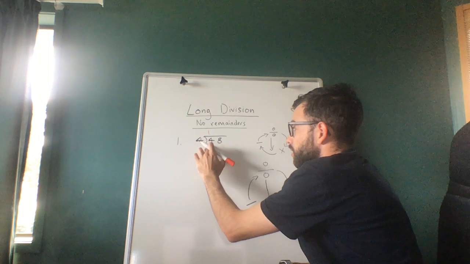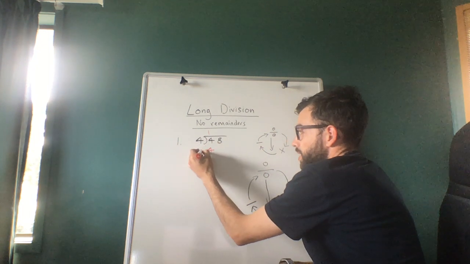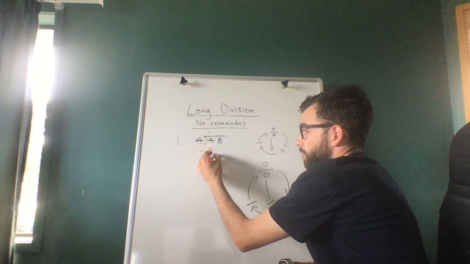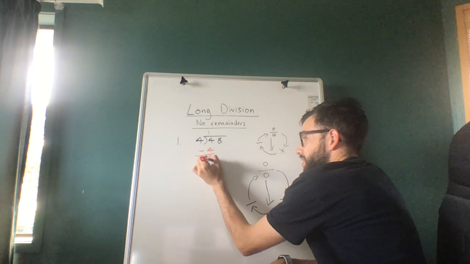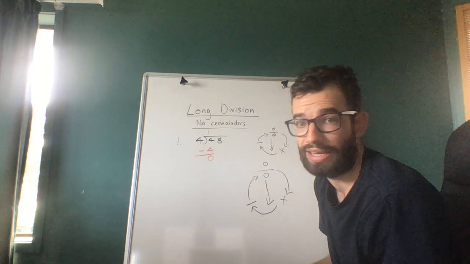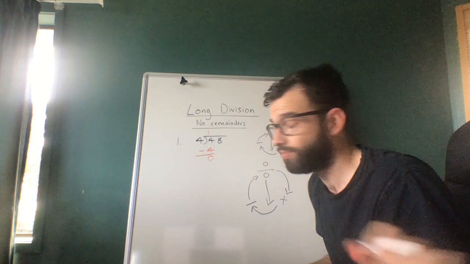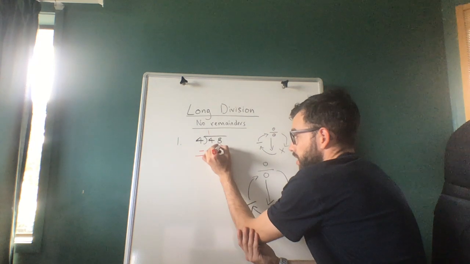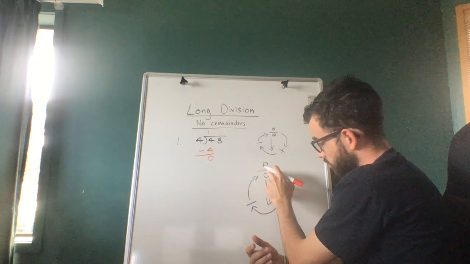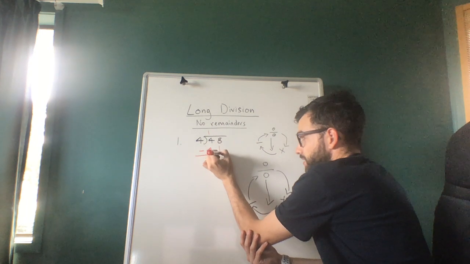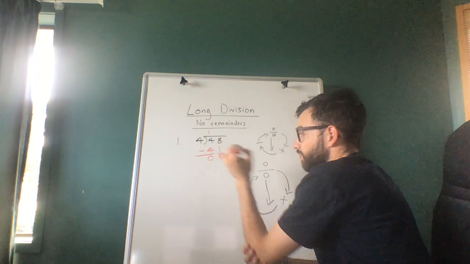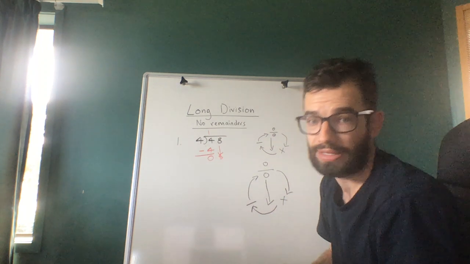Okay, next thing we do is we add a minus symbol because that is the next part, and we put a line under it, and we go 4 take away 4. The answer to that is 0. This is just checking to see if we have any leftover bits that we need to use. Okay, the next step is in our diagram. So we've done division, we've done multiplication, we've done minus. We then drop down. So we drop the 8 down next to the 0. Okay, and then we go back to the start of our diagram.